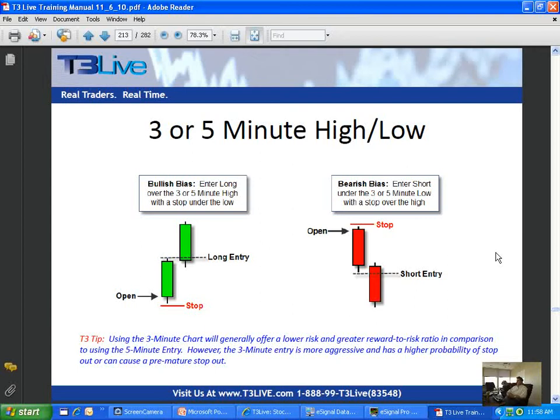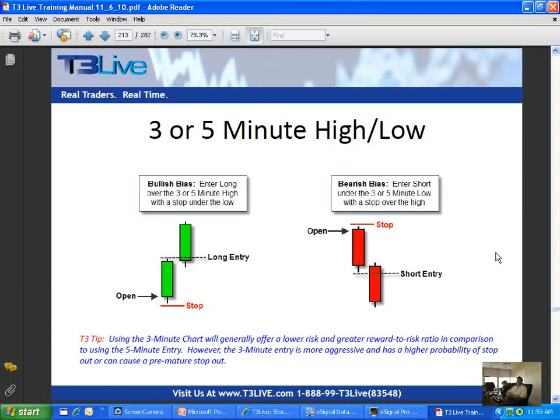So what we're saying here is that if you're going to trade a gap based off of a 5 or a 3-minute bar, it's an aggressive strategy. You're basically committing to a long or short position within minutes after the open. So the way to protect our risk is to use that first 3 or 5-minute bar as also our stop.